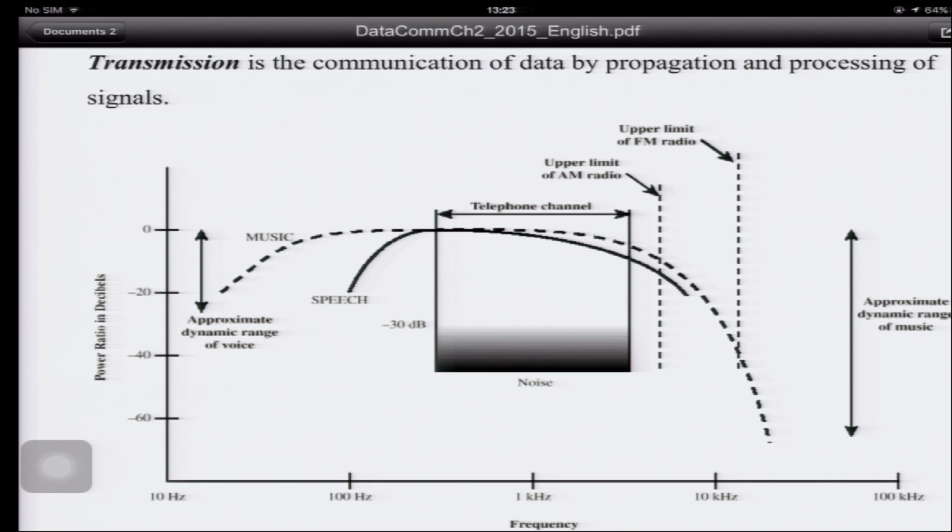So in AM, you will not hear the frequency above the limit, so some of the frequency will be lost. Even with FM radio, some of the high frequency is cut off. So sometimes it's better to listen face-to-face, to the real musician. If you listen on the radio, it will be different.